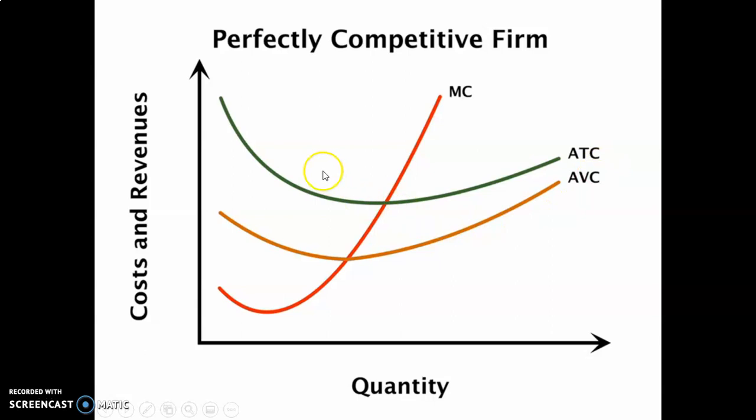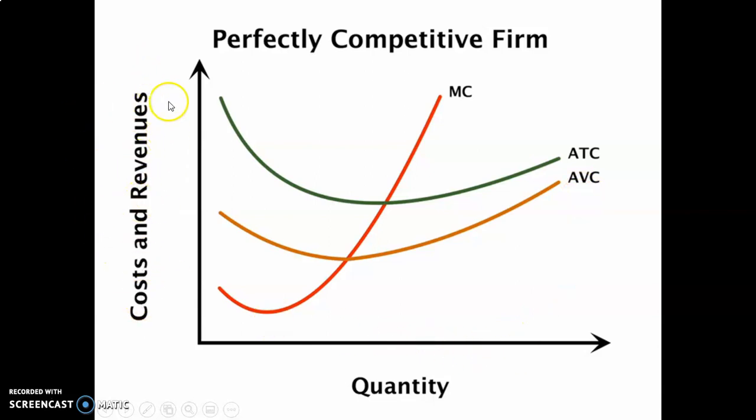So these curves are going to look the way they look in every single market we're going to look at. We have an average total cost curve that lies above the average variable cost curve. They have similar structures, but they're not perfectly parallel, and the average total cost curve is always above the average variable cost curve at every quantity level.